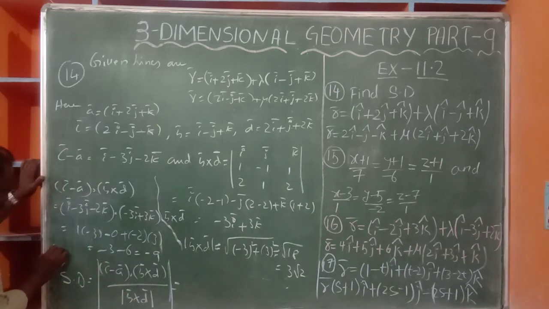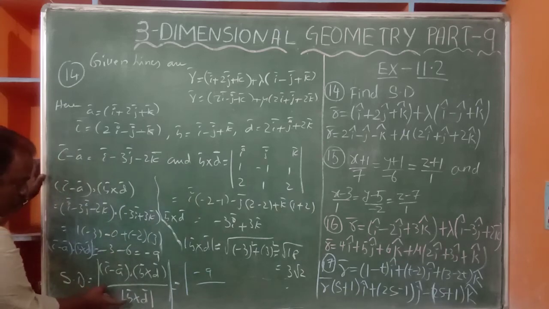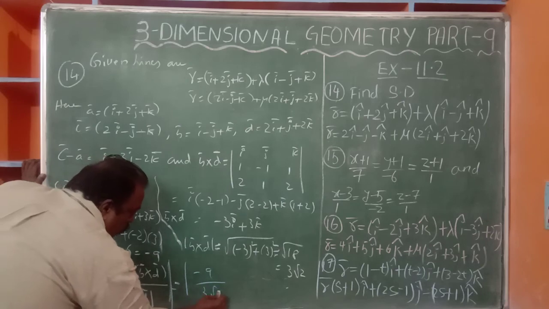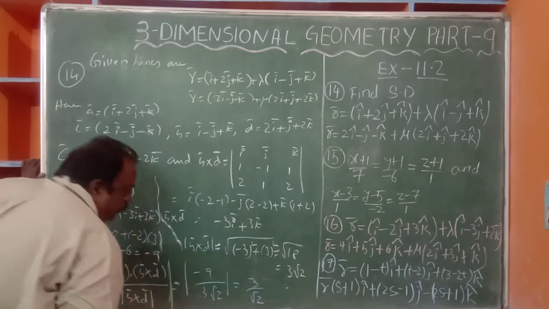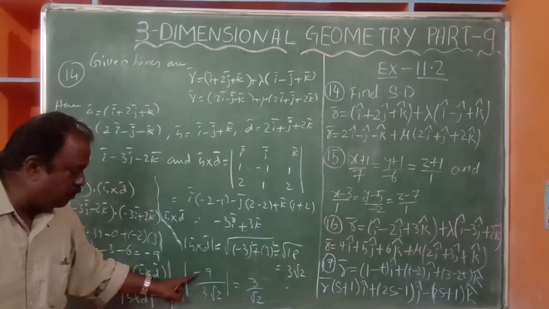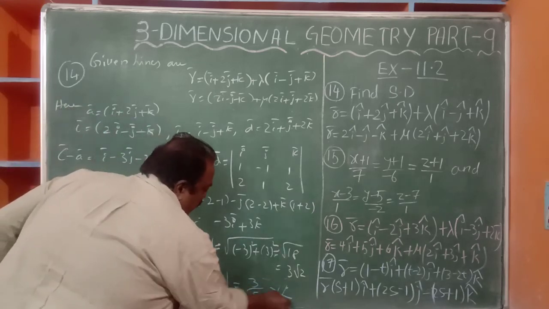We solved it, so it is minus 9 by this one, 3 root 2. That is 3 by root 2. Modulus of minus is plus. So this is the answer.